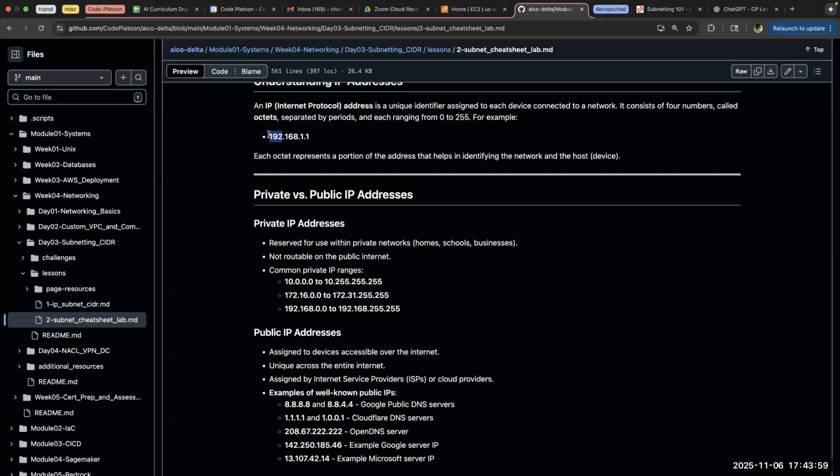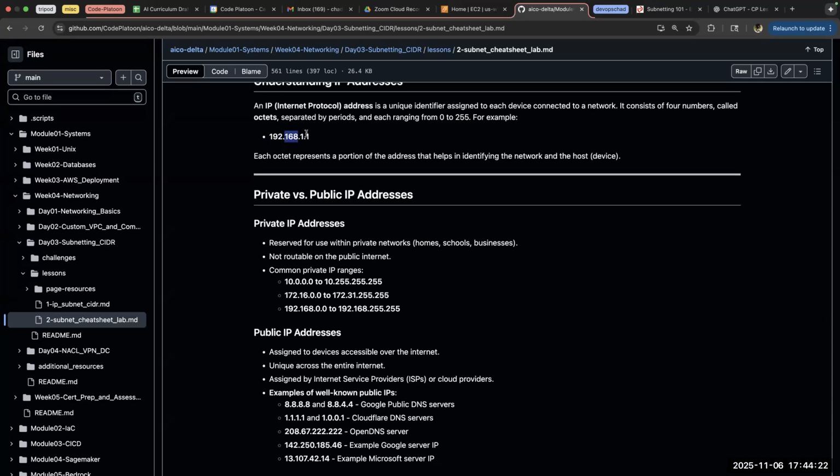So each of these represents something. Like at my work, and I'll get into this more, the first octet is the class of the subnet, and the second octet is our site. We have physical sites, like in New York, Chicago, Singapore, and London.